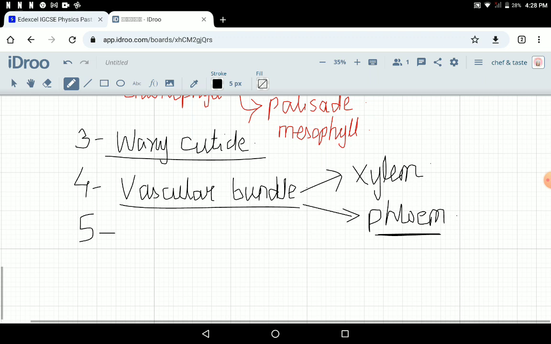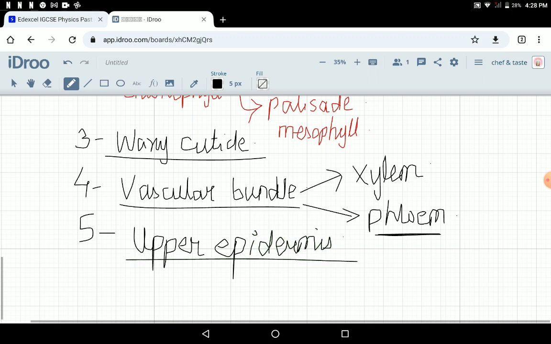And yes, the upper epidermis is transparent. So what's the function of being transparent? Transparent things will easily allow sunlight to pass through. So the upper epidermis will allow the sunlight to fall directly on the palisade mesophyll, where it will be captured by the chlorophyll.